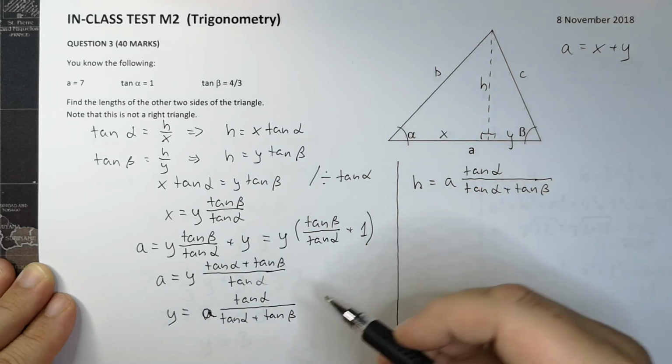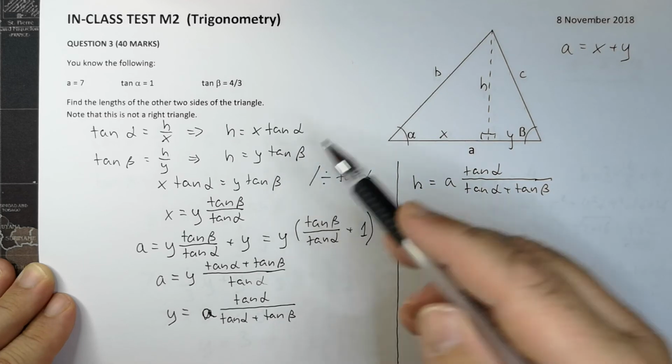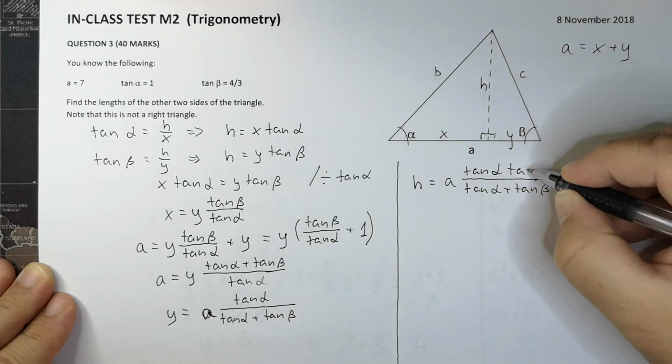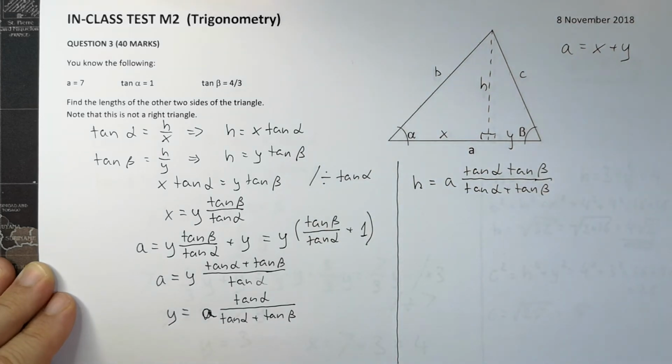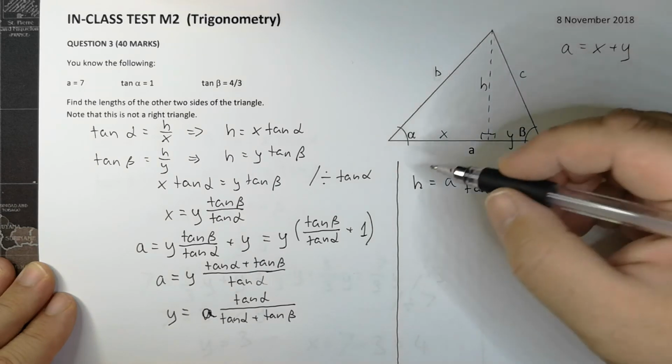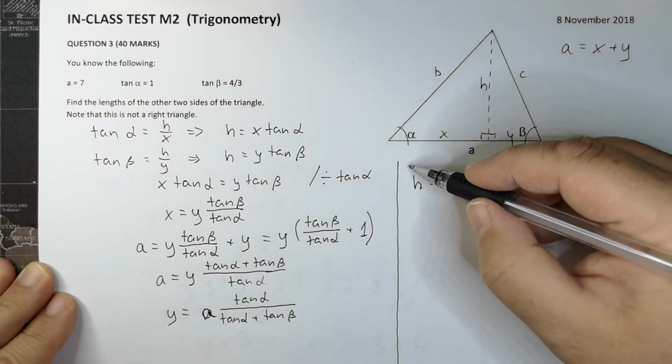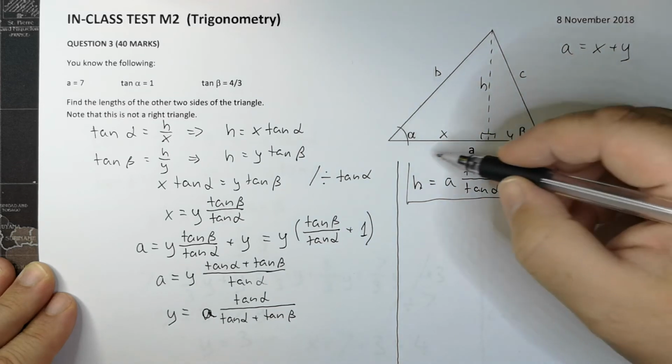Okay, so this was this expression multiplied by tangent beta, and that's the expression for h. h will be one of our final result formulas, so I will draw a frame around it.